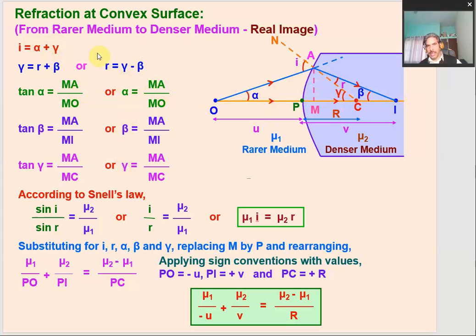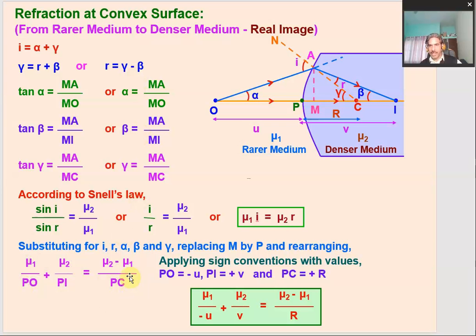And when we get i and r, we substitute these values of i and r here in Snell's law, and we arrange this equation just like this. We make use of the approximation that for the small aperture of this spherical refracting surface, M lies very close to the pole, so we just replace M with P. And this MA will cancel out on both sides. Now we get this equation. So this is the important thing to remember here.